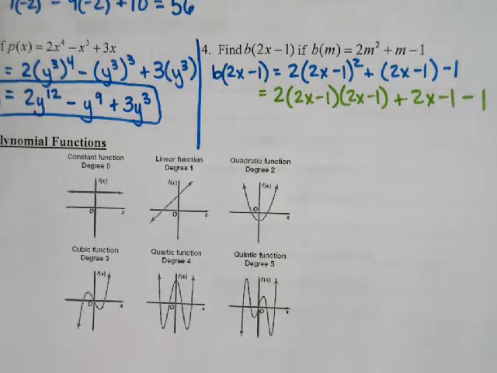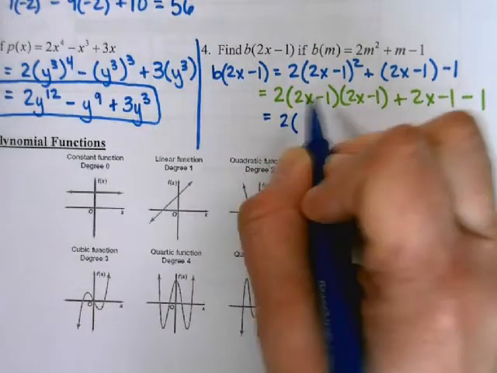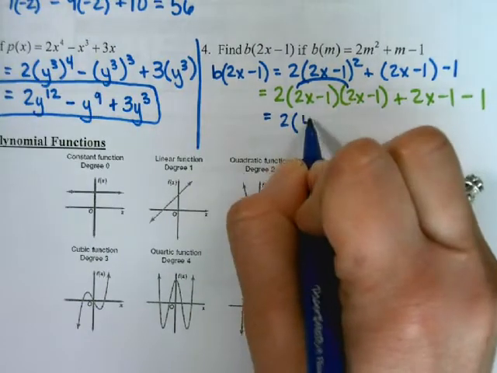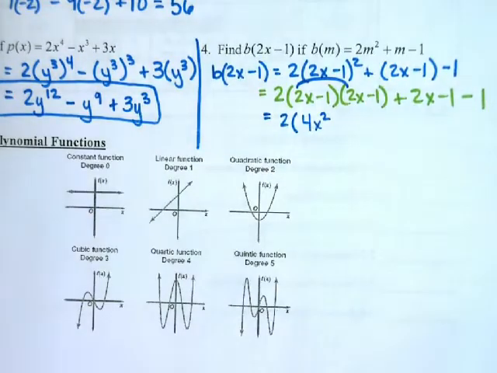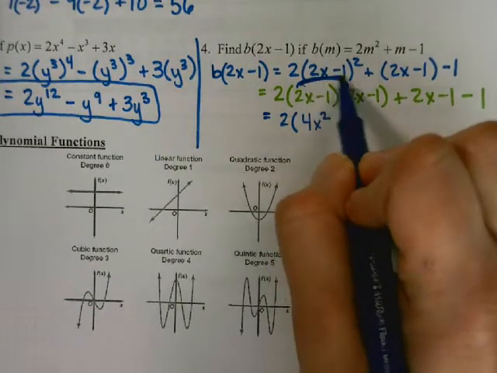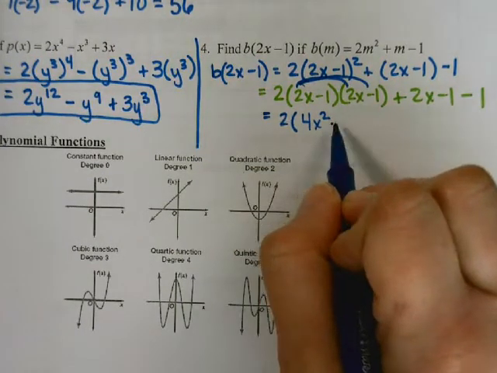Do we FOIL that first or do we put the 2 in? Let's FOIL it first. We'll FOIL that and then we'll distribute the 2. Good question. Okay, so here we go. Let's FOIL. 2x times 2x is 4x squared. Awesome. 2x times the negative 1 is negative 2x.